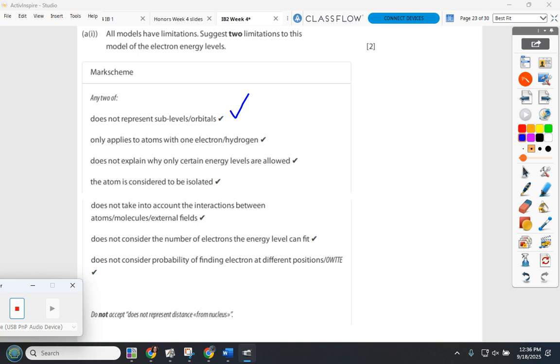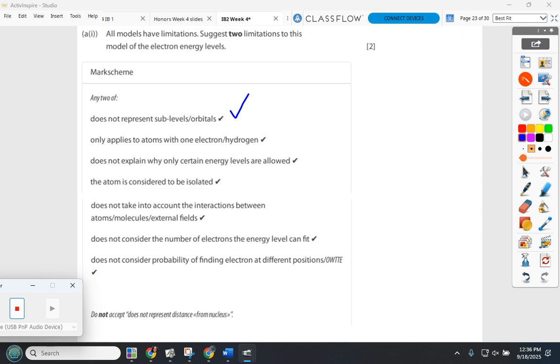Sometimes the mark scheme will say do not accept a particular thing, because usually it's either something that they think is obvious and isn't actually you thinking about a suggestion, or it could be a common misconception that people write about a lot when they answer these kinds of questions. In this case, it says do not accept does not represent distance from nucleus. So we talk about the energy levels as if the nucleus is at the bottom of that screen, right?